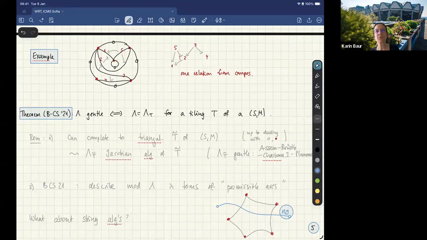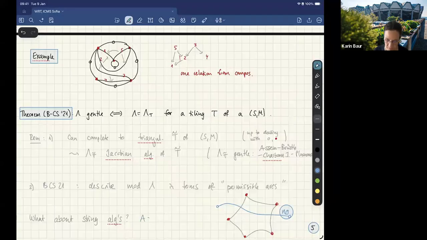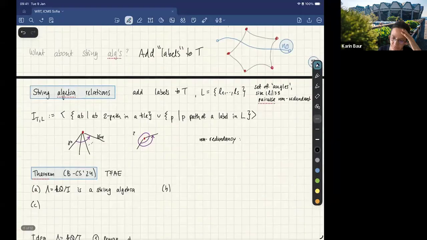But then the question is, what about string algebras? We have more relations in general, and we can still use the surface construction to describe or construct them. What we do is we look at the additional relations on the quiver, and indicate them as labels in the surface. So we add labels to the tiling.